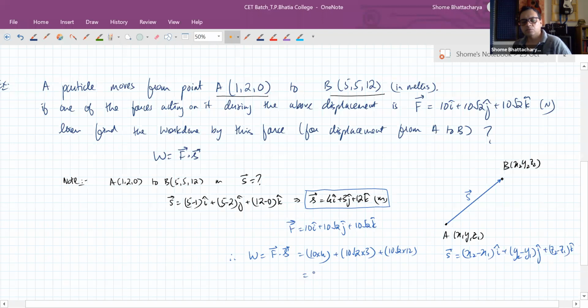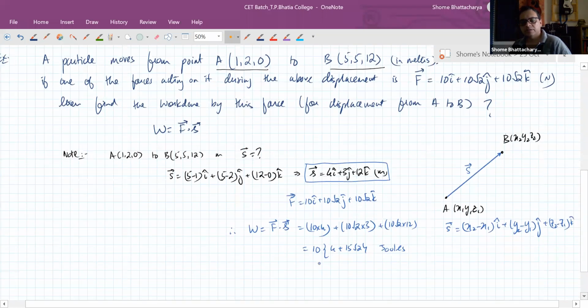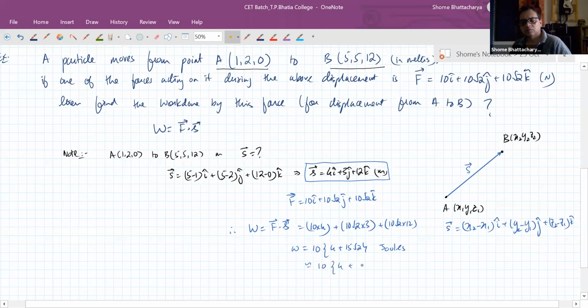We can take 10 common. We can write the force this way, the work done this way, or we can approximate it as this also, whatever, but ultimately this is a method of calculating the work done.